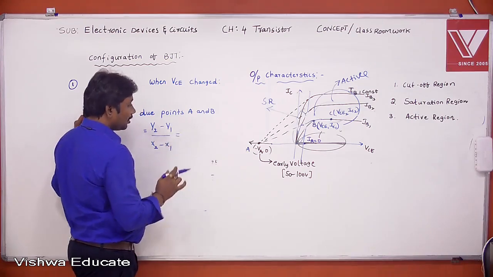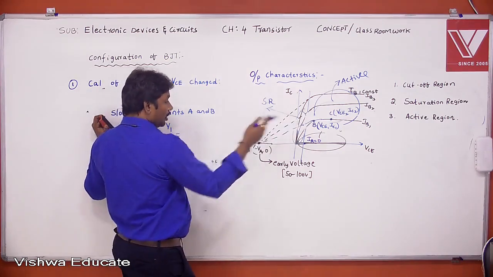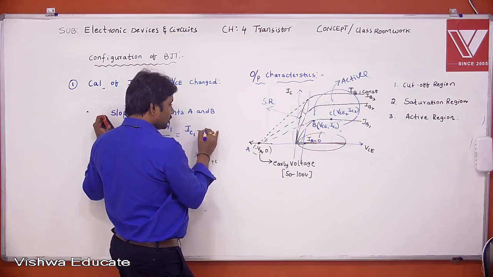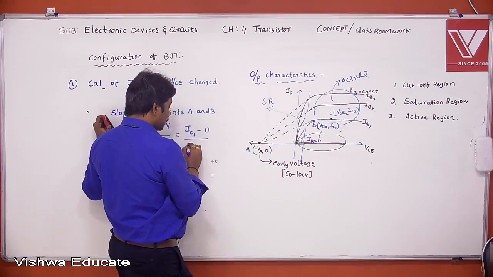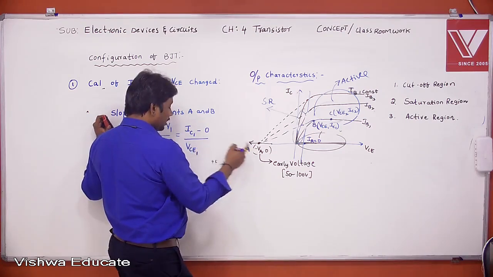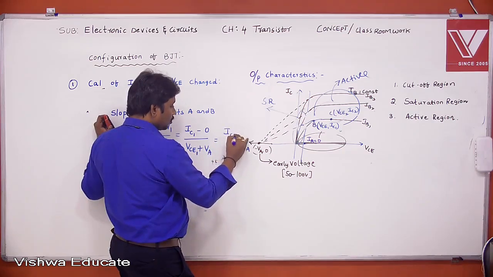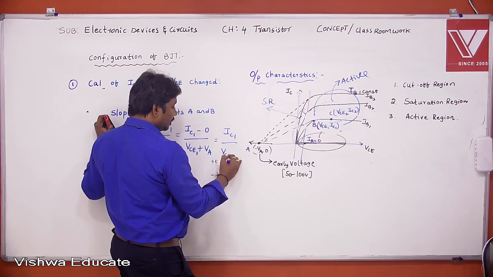Here y2 minus y1 is IC1 minus 0, divided by VCE1 minus of minus VA, so which is equal to IC1 by VCE1 plus VA.